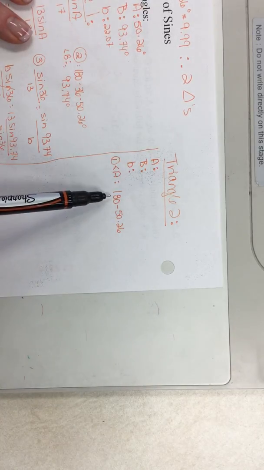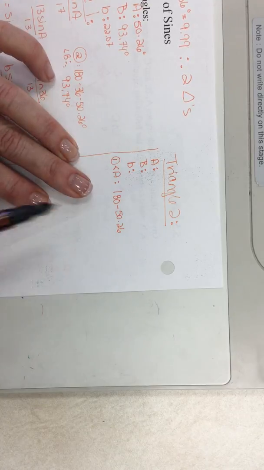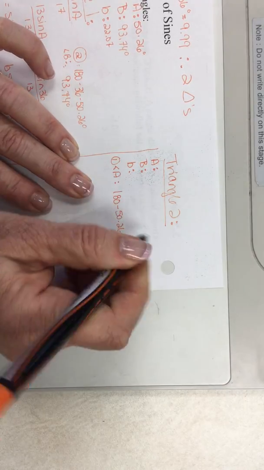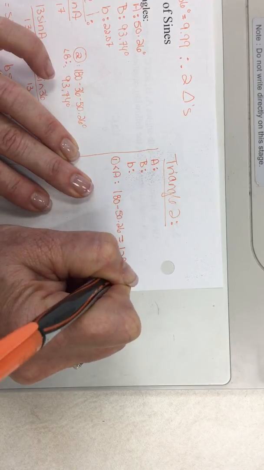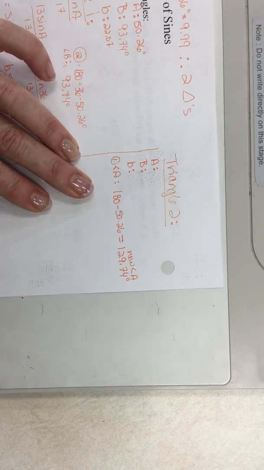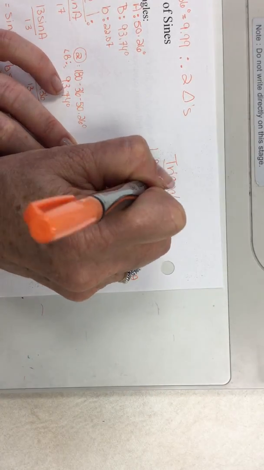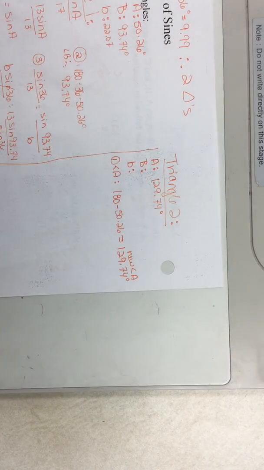So by taking 180 minus this, it's going to create my obtuse angle. So 180 minus 50.26 results in 129.74. So that's my new angle A. So I get 129.74 degrees. New angle A.